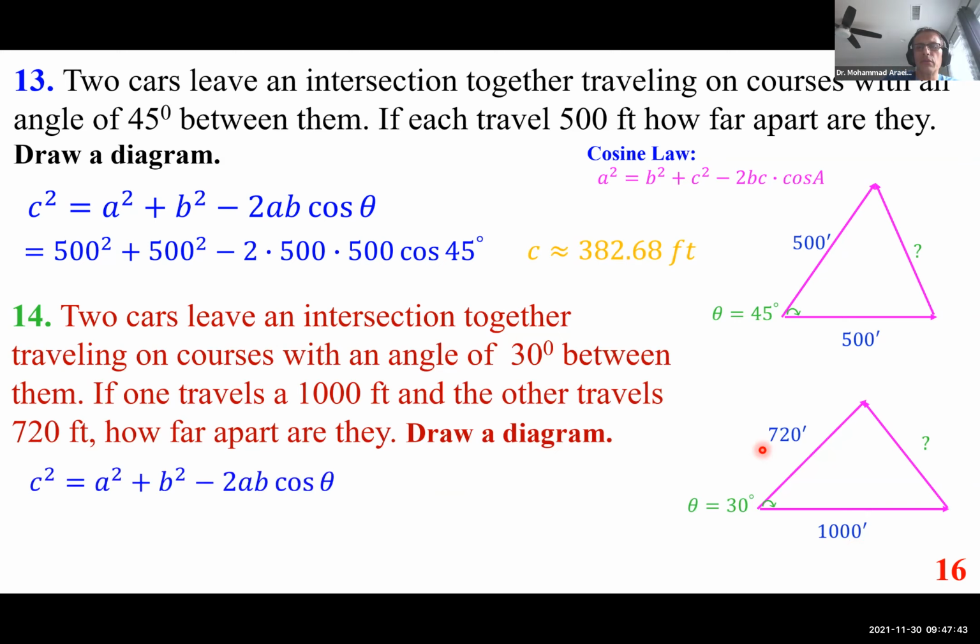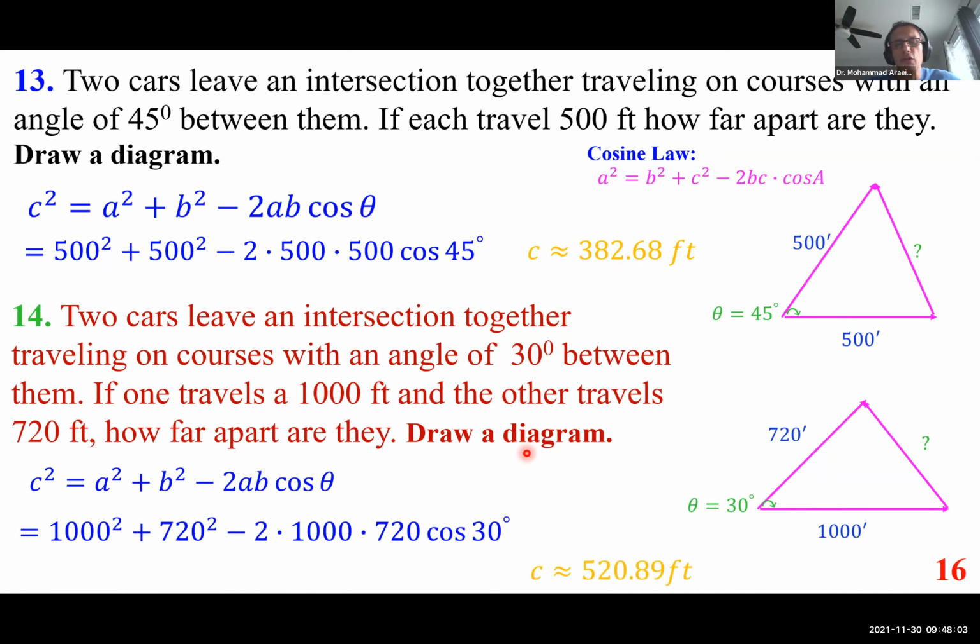So 720 squared plus 1,000 squared minus 720 times 1,000 cosine of 30 degrees. By the way, cosine of 30 degrees is square root of 3 over 2. And you use a calculator again. You come up with the distance of 520.89, almost 521 feet.